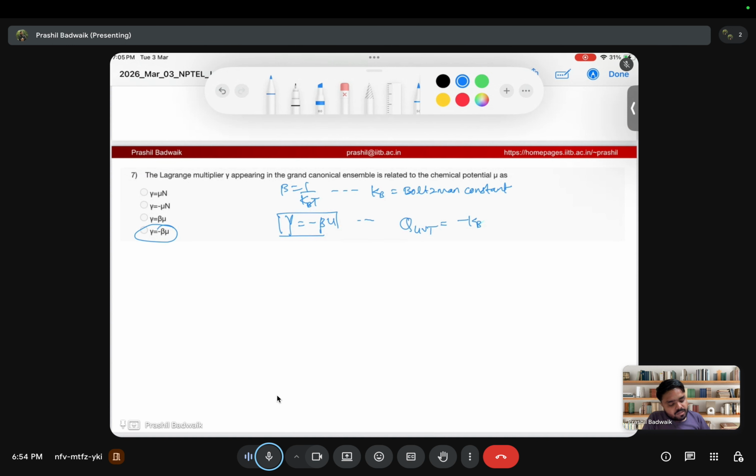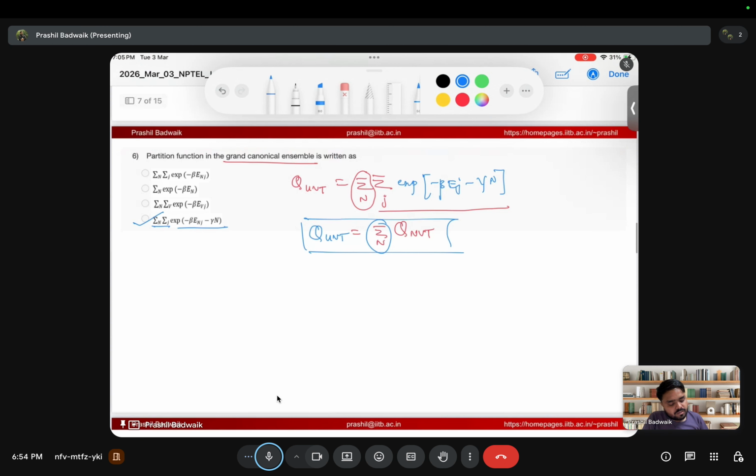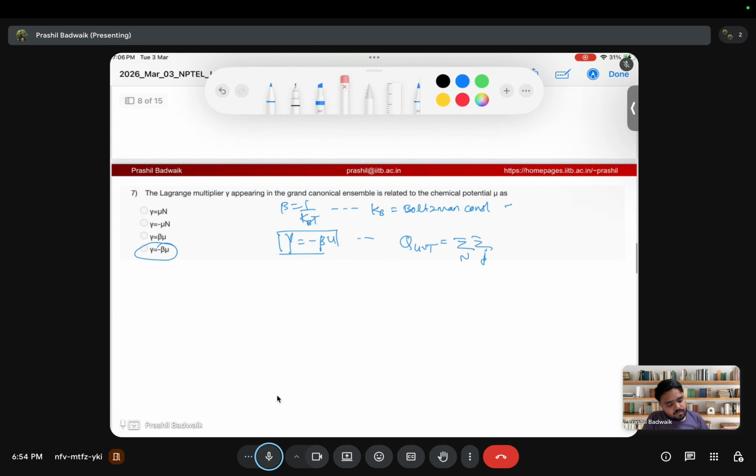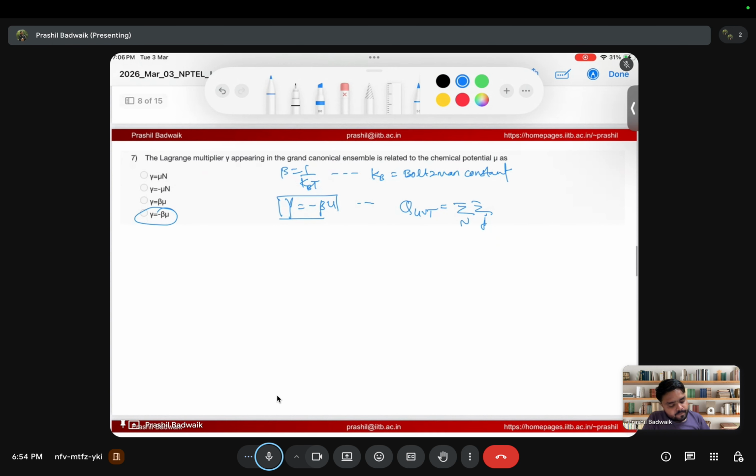And then Q(μ,V,T) will be equal to minus kBT. Previous question, right? Here you can see we can substitute the value of gamma, so it is equal to summation over N and j, exp(−βEj + ...) plus gamma N. So gamma is what?